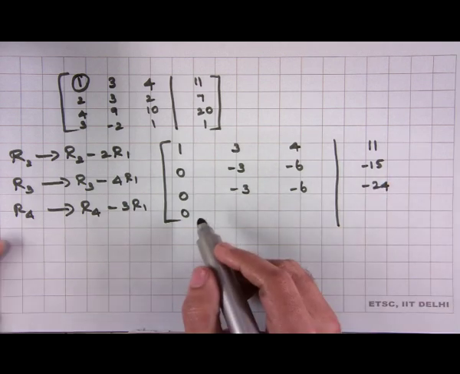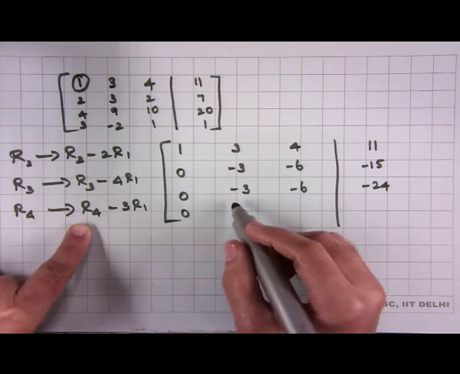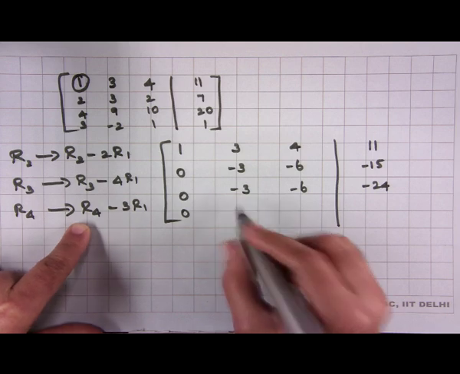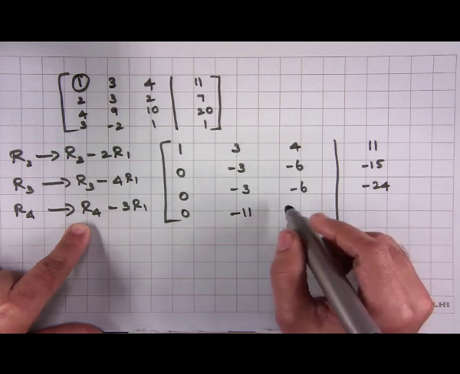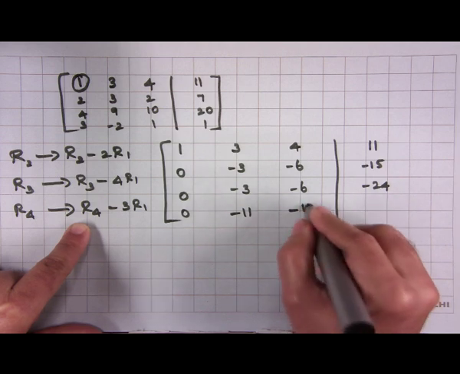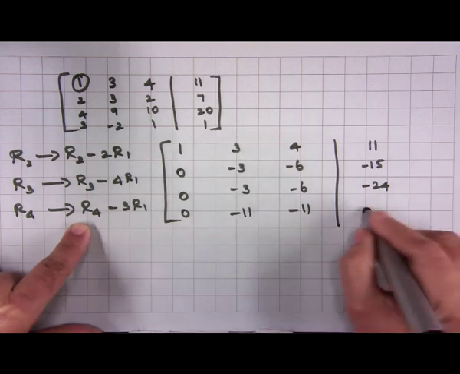The last one: minus 2 minus 9, which is minus 11, 1 minus 12, which is minus 11, 1 minus 33, which is minus 32.